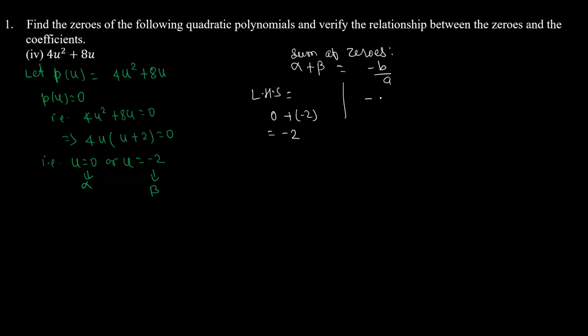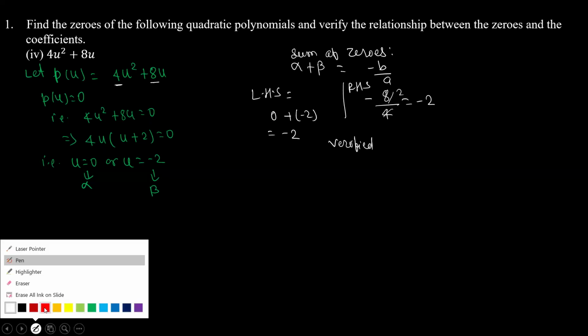So b क्या है यहाँ पर? What is b? b क्या है? 8. a क्या है? 4. So finally 4 2 times, that is minus 2. So b is the coefficient of u and a is the coefficient of u square. Okay, so this is also verified. LHS equal to RHS.